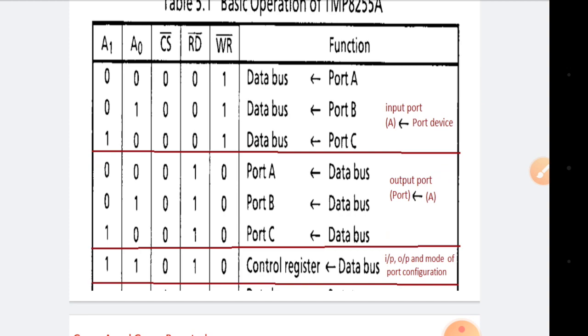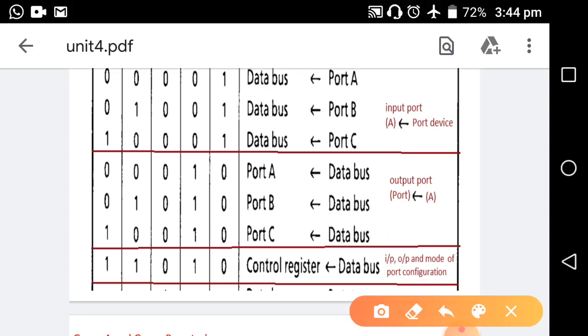In this table, if A0 and A1 are 00, then we will discuss about the port A, and if A0 and A1 are 01, then we will discuss about the port B, and for 10 we will discuss about the port C. Okay, and if both A0 and A1 are 11, then we will discuss about the control word register.